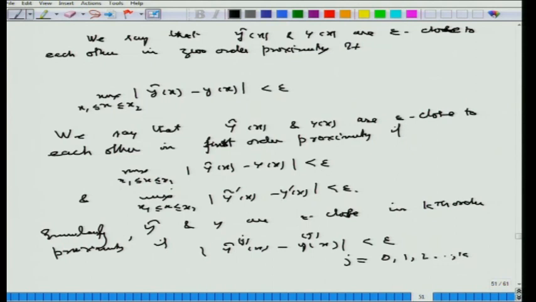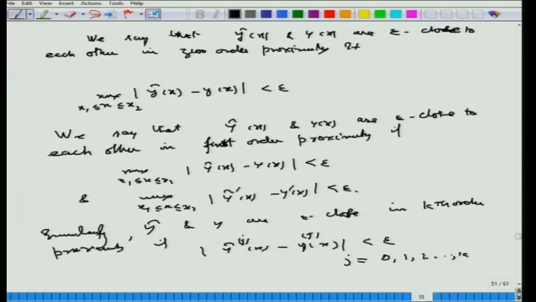So, that is what is stated here: the maximum over x1 to x2 of the absolute value of the difference of ordinates at x is less than epsilon. Similarly, the absolute value of the difference between the ordinates of y prime, and the maximum of these quantities over the interval, is less than epsilon.